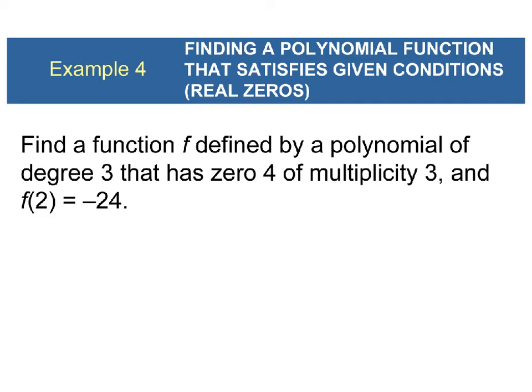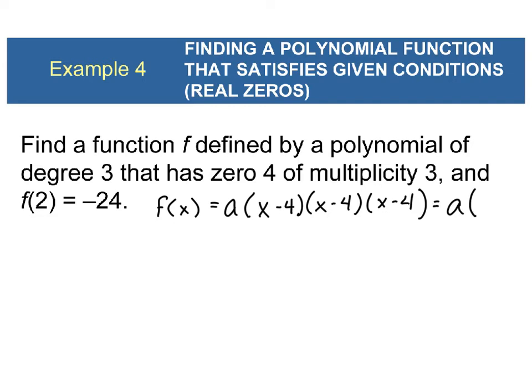And this is how you're going to write it. So we're finding f of x. It has degree 3, meaning it's going to have 3 factors. And we need to have a value of a. And our 3 factors are going to be the same thing: x minus 4, x minus 4, and x minus 4. Or we can say this right here: x minus 4 to the third.